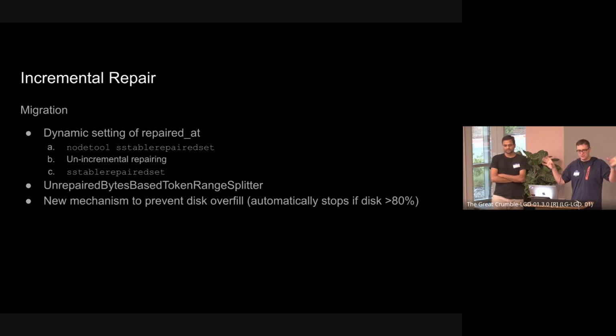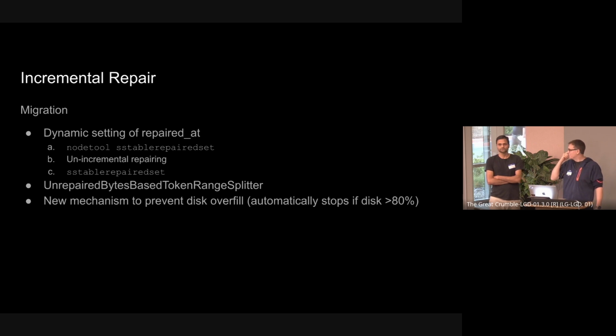And if the incremental repair can't keep up, those 2 buckets can't compact, and you end up running out of disk space. So you need to be able to undo it. And having a hot property tool, like the nodetool command to just do it dynamically, is absolutely critical to being able to try a migration to incremental repair.